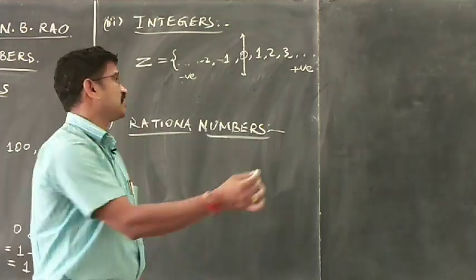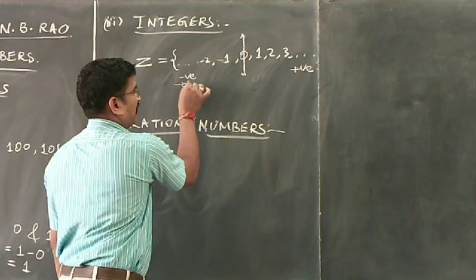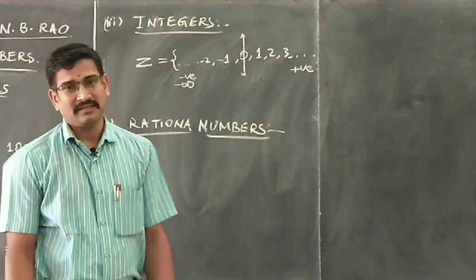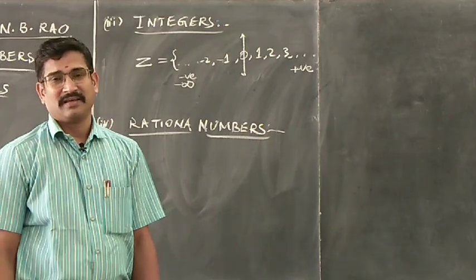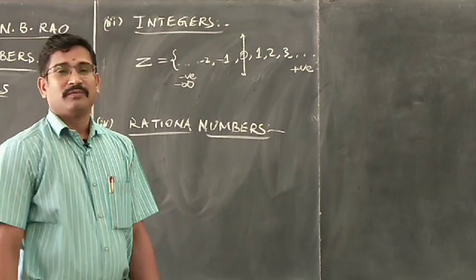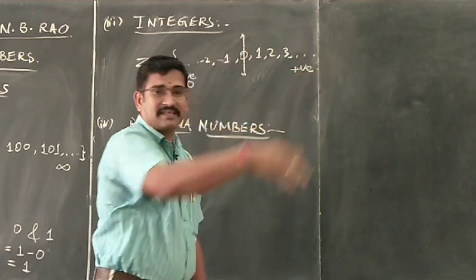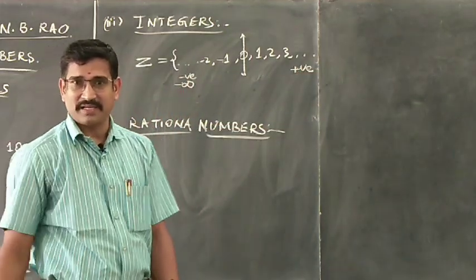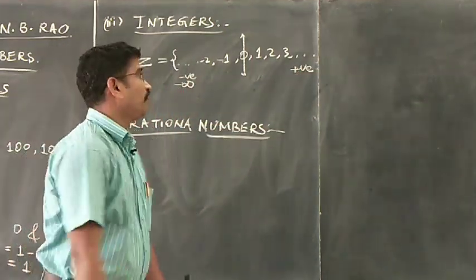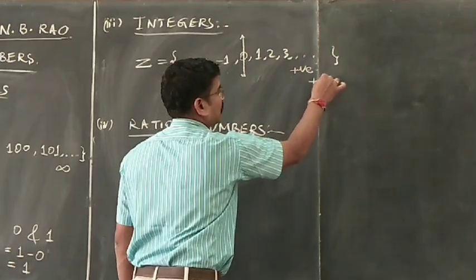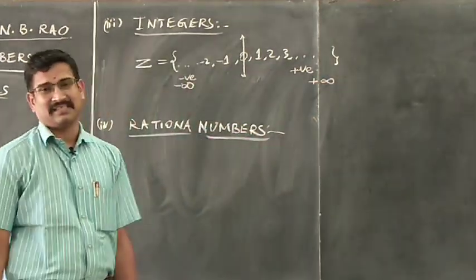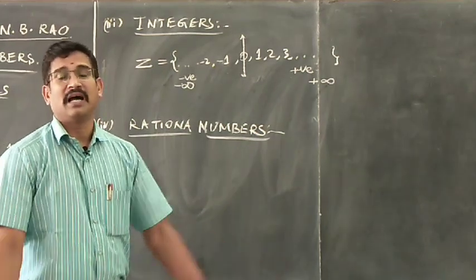If at all you want to say, you can take minus infinity as the smallest integer. Next, do we have any biggest positive integer? No. It is because in the positive direction also I don't have an end. It's plus infinity or uncountable.